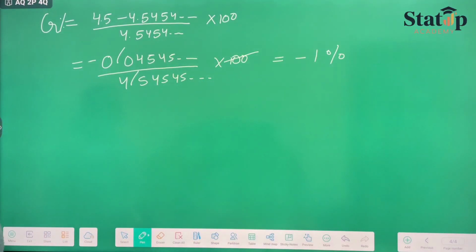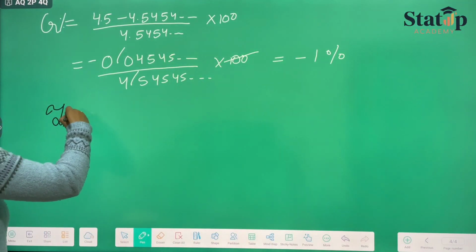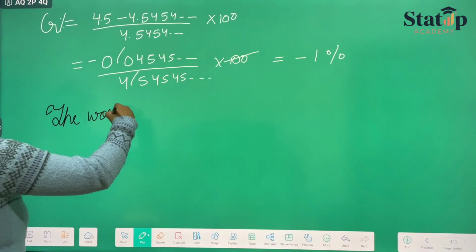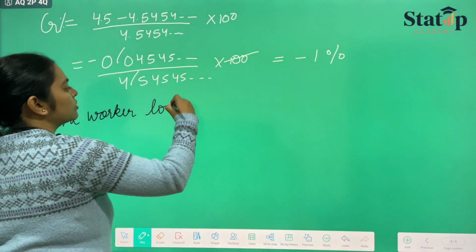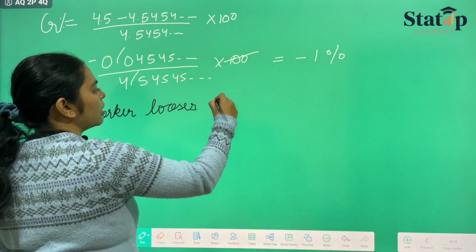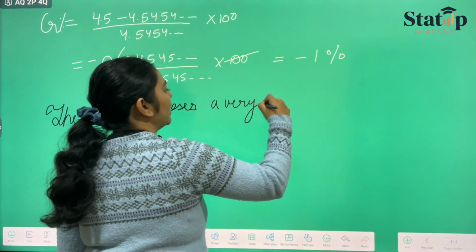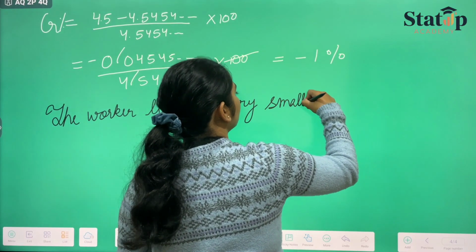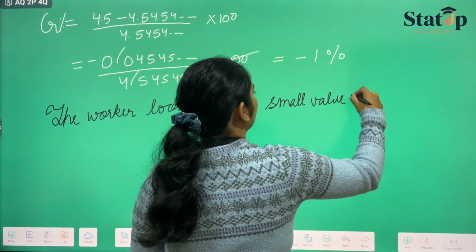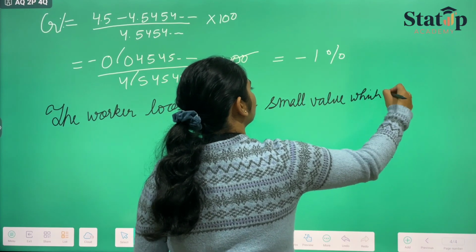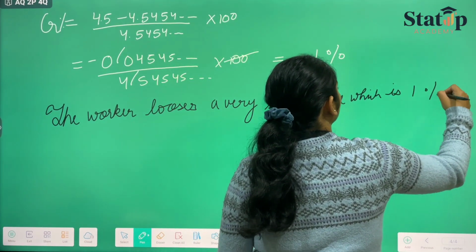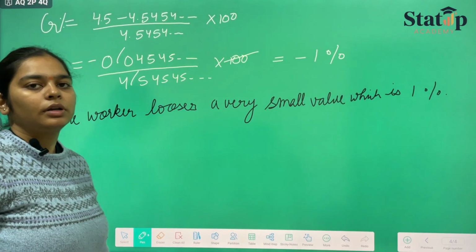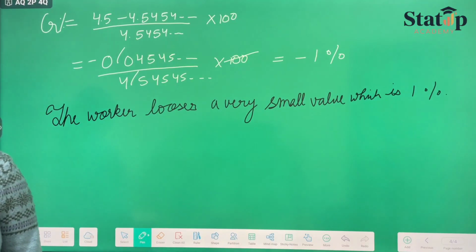So as we see, the worker loses a very small value, which is 1%. Okay, that's your answer for this question.